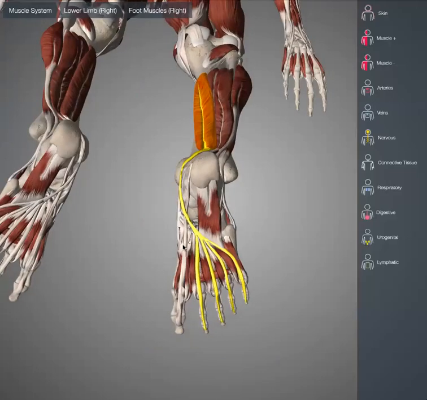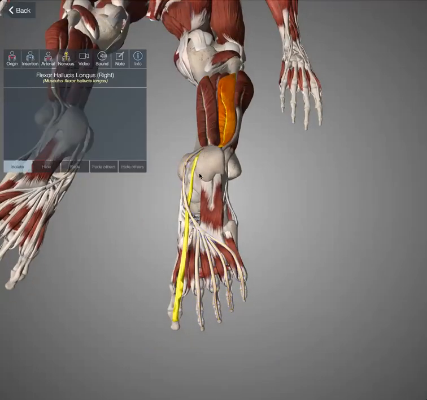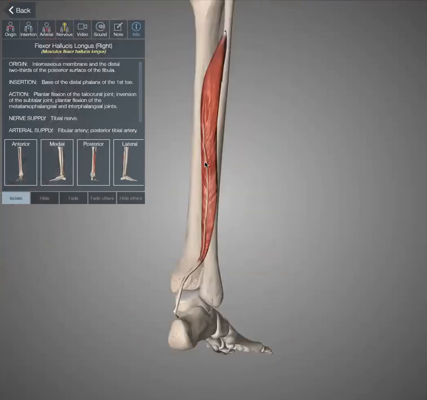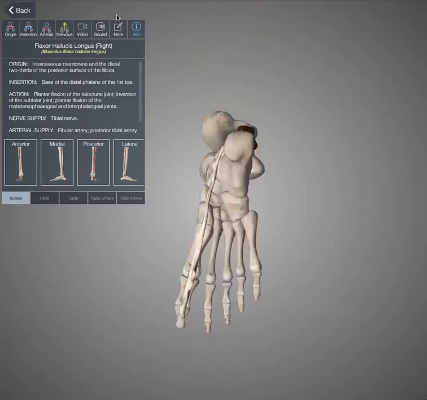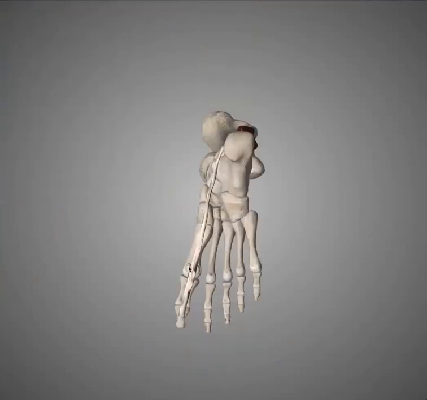Next, we have this one. The flexor hallucis longus. It's located laterally in the posterior compartment, attaches to the posterior surface of the fibula, and then goes to attach to the plantar surface of the hallucis toe.